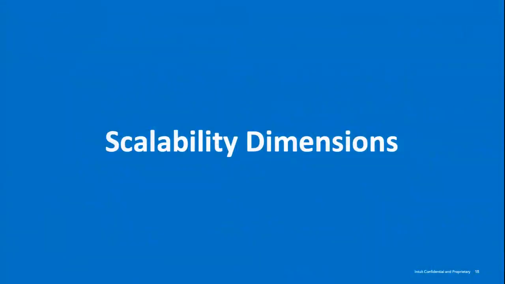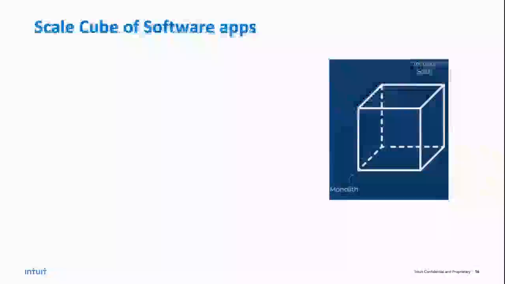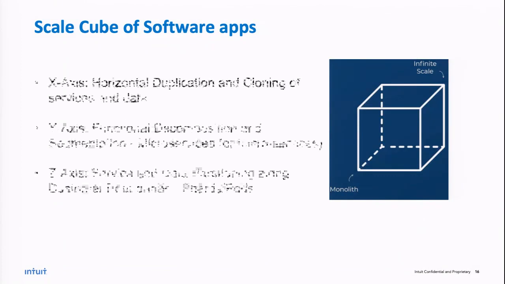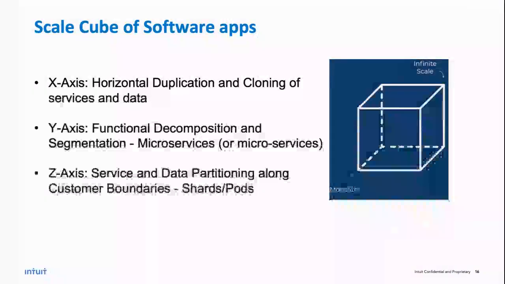In theory, there are three main dimensions for scalability. Let's think about a cube, and we can scale along different directions: the x-axis, the y-axis, or the z-axis. There are multiple ways.